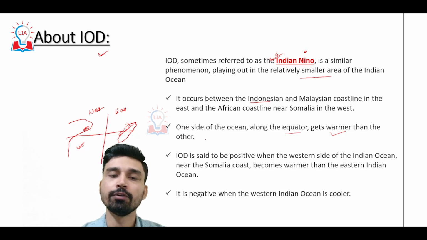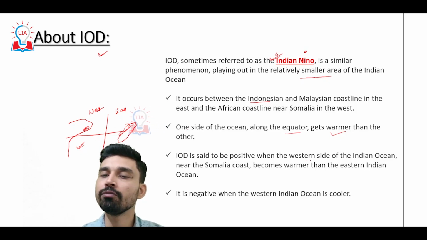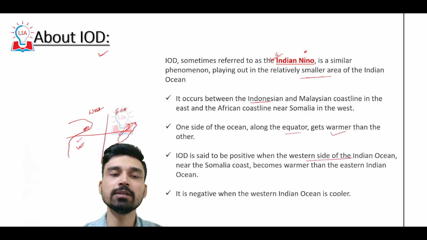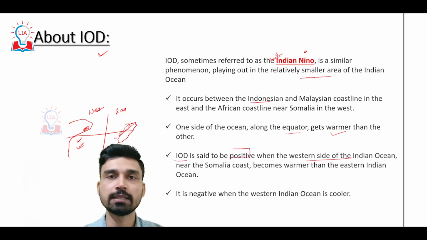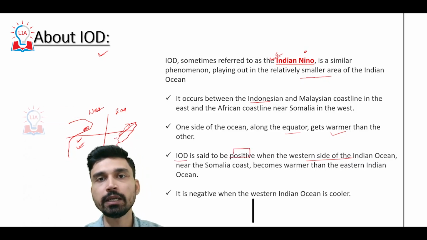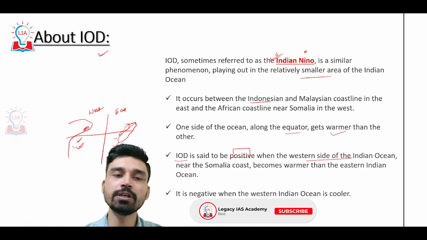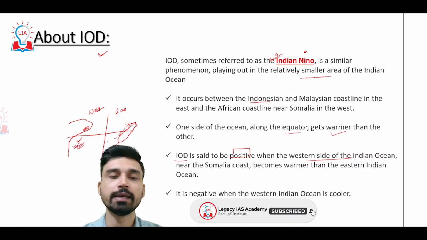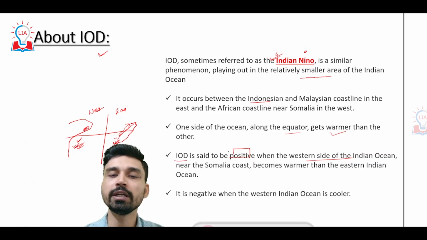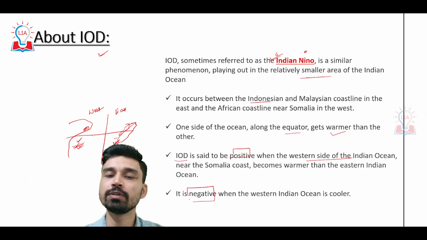When the temperature of the western side of the Indian Ocean, near the coast of Africa, is higher than the temperature of the eastern side, near Indonesia and Malaysia, this phase of IOD is called the positive phase of IOD. Similarly, if the temperature of the western Indian Ocean is lower than the temperature of the eastern Indian Ocean, then this phase of the IOD is called the negative phase of IOD.